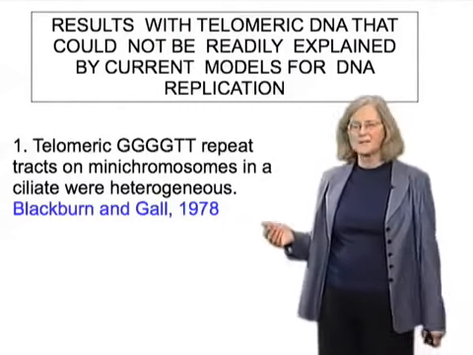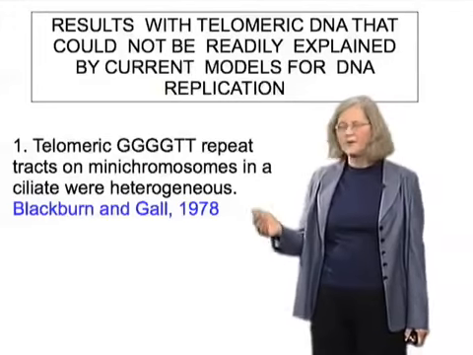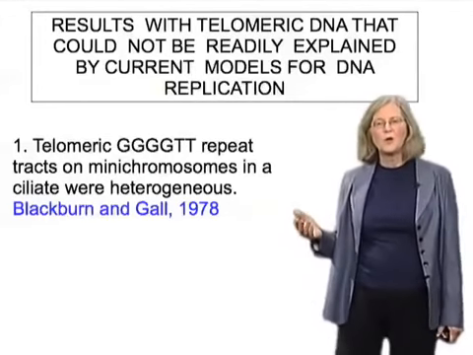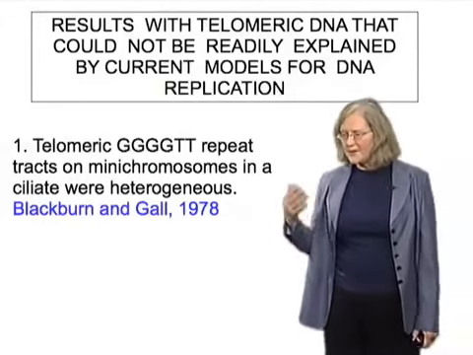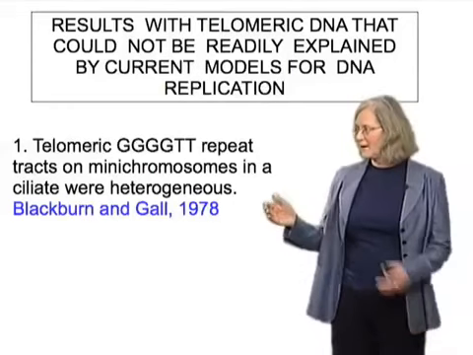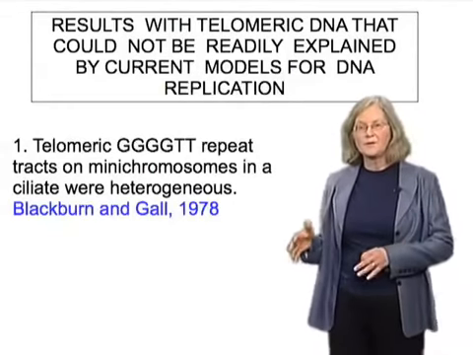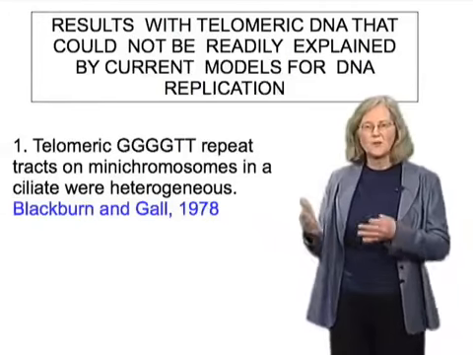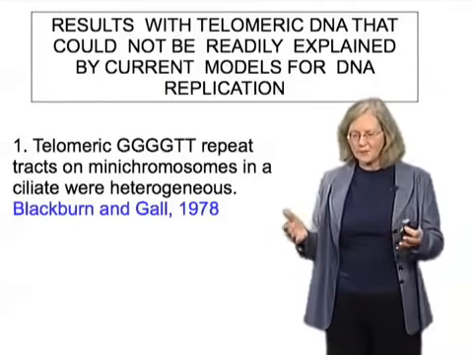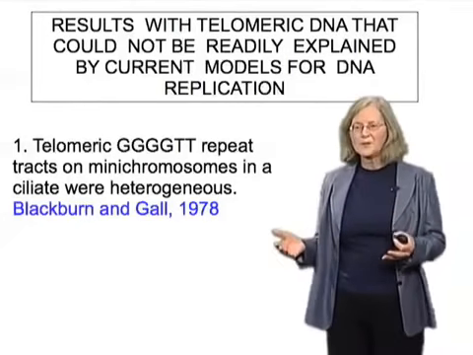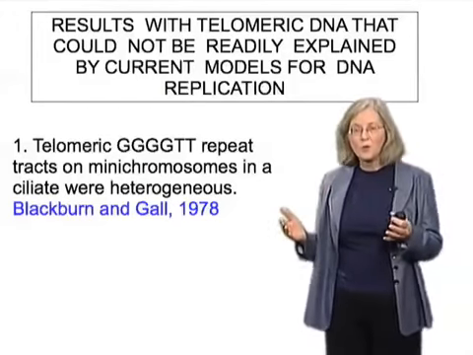Heterogeneous in this setting means these were different in number. So some copies of the mini chromosome would have 20 repeats on the end. Some would have 50, some 49, some 82, some 53. They all had different numbers of repeats in a sort of more or less normal distribution.